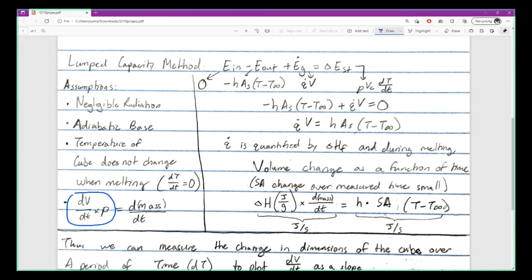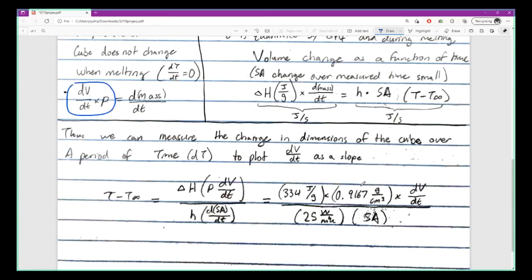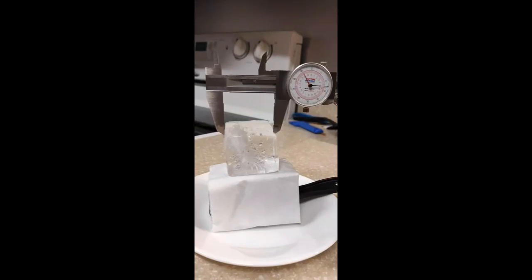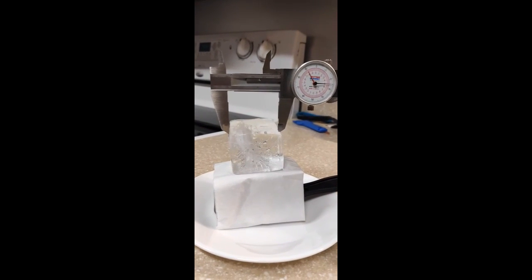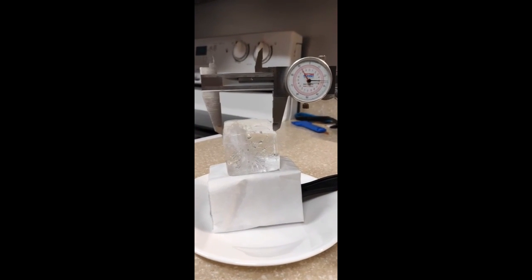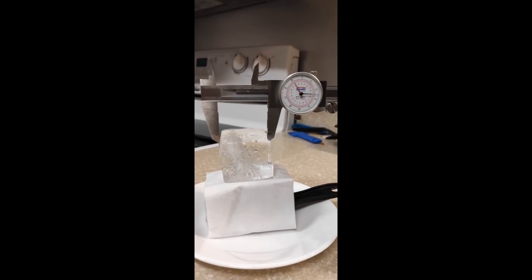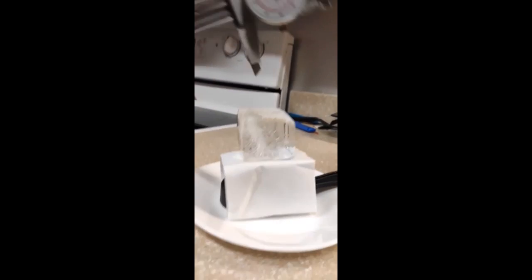On our other side of the equation, we have h times the surface area times the temperature of the ice cube, which is 0 degrees Celsius, minus T infinity, which is the temperature of the refrigerator.